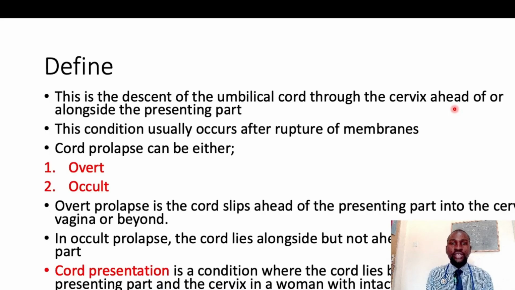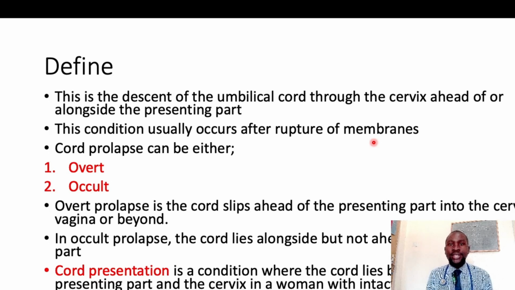This condition usually occurs after rupture of membranes. As the fetus is developing, together with the cord which is attached to the placenta, the fetus is going to be enclosed in the membranes, the amniotic sac, which means that the umbilical cord is also going to be within the amniotic sac.